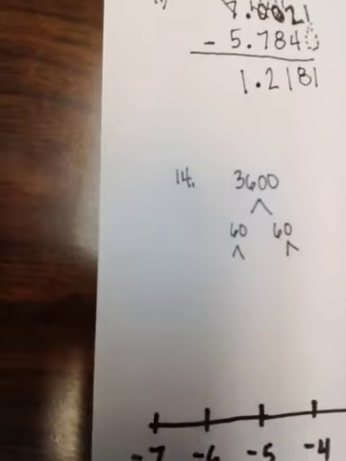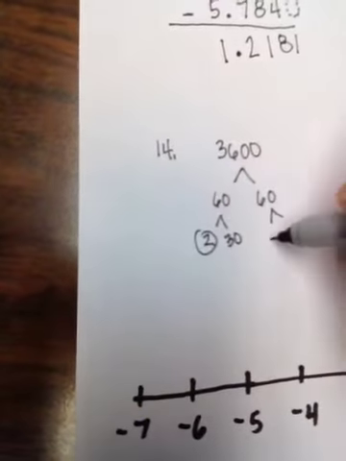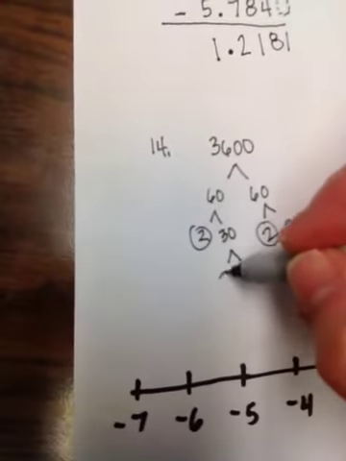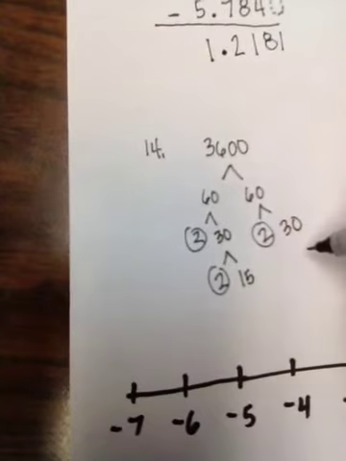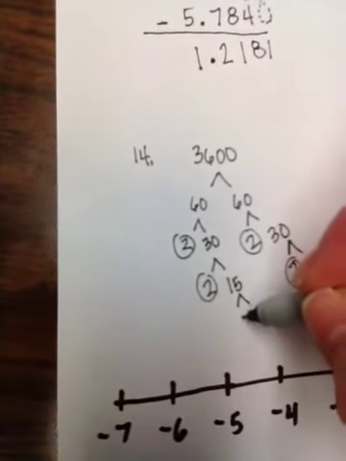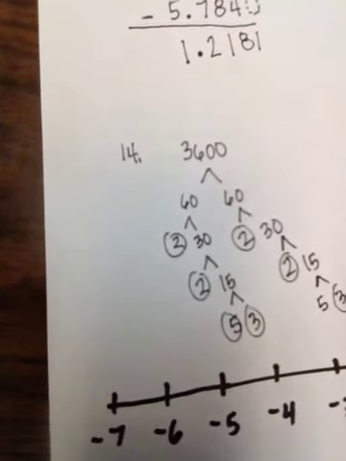Now let's just factor by 2. 2 goes into 60 how many times? Well, 30, so there's 1. 2 goes into 30. Now we have to factor down 30. That's another 2 and 15. 2 and 15. Then we have to factor 15. We get a 5 and a 3. A 5 and a 3.